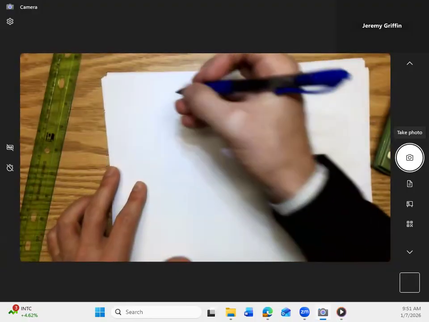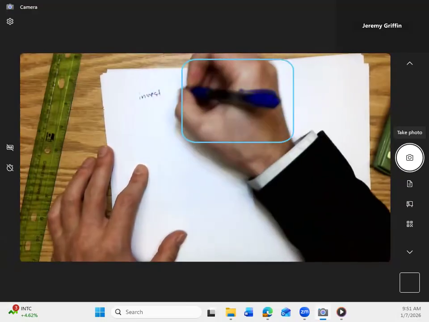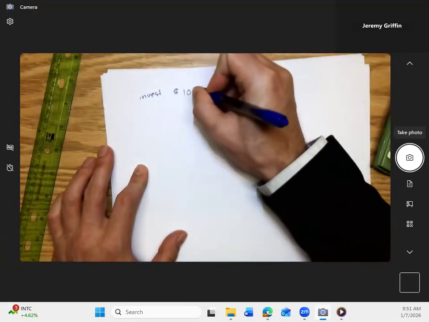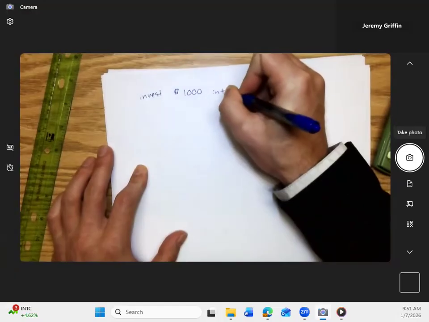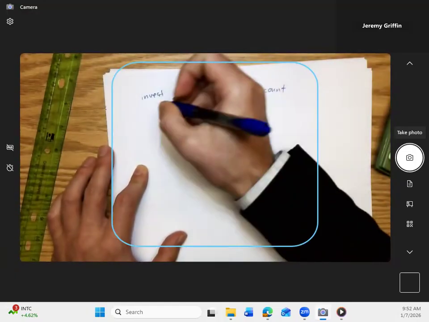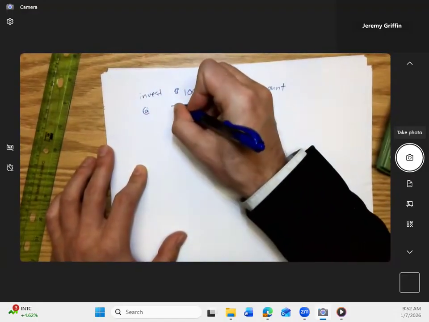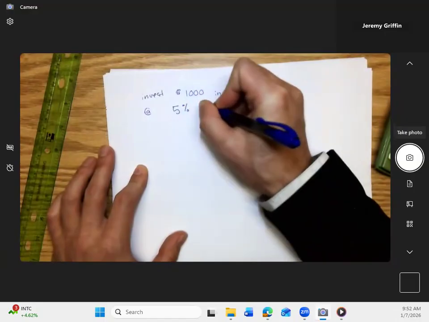So suppose you invest $1,000 into an account, at let's say 5% interest.